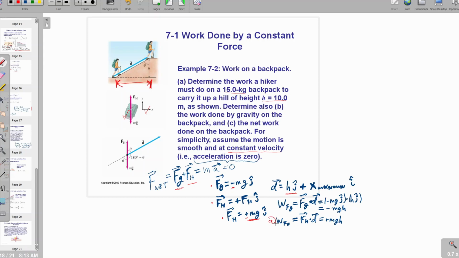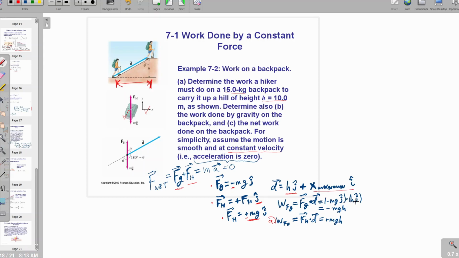Work is, in this case, where we have constant forces, force dot displacement, and you'll see that the force only has a j hat component, so it only has a y component, and so this x unknown here won't come into play at all.